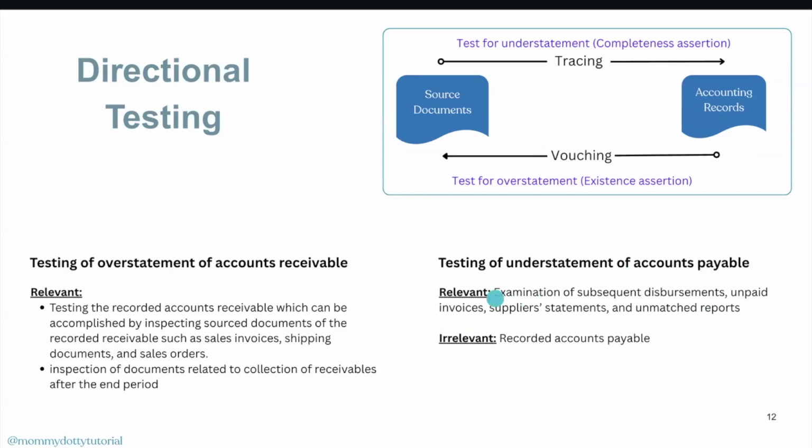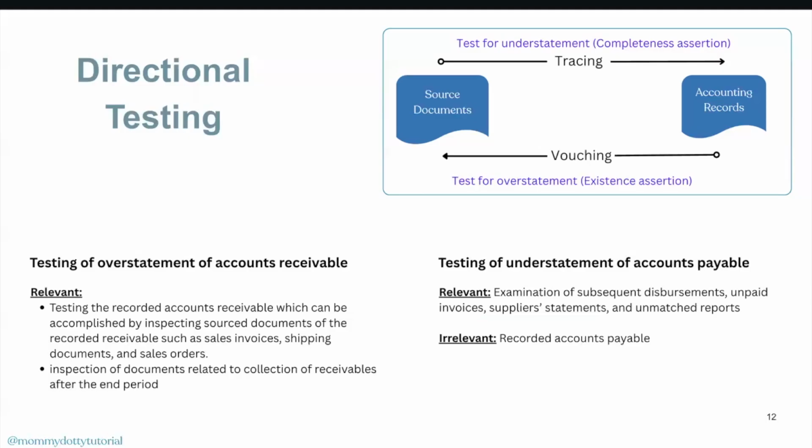The other one: when you're testing for overstatement of accounts receivable, testing the recorded accounts receivable may be a relevant audit procedure. This can be accomplished by inspecting source documents of the recorded receivables, such as sales invoices, shipping documents, and sales orders, and inspection of documents related to collection of receivables after the end of the period. Take the sales invoices, for example: you made a sale on January 1st or 2nd, but you already included that in your sales for December.